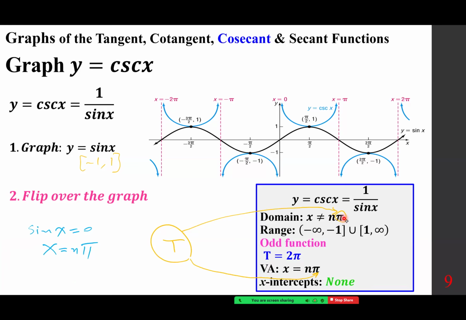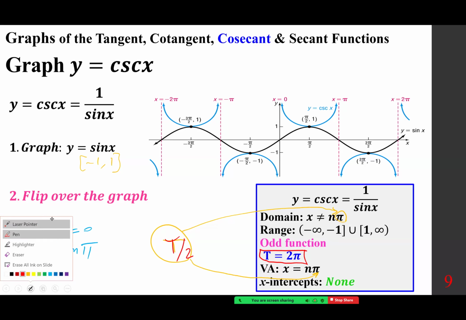It's very straightforward, everybody. I should say actually half of T. T is 2 pi, and this is half of that, t over 2. So half of that, pay attention to that.